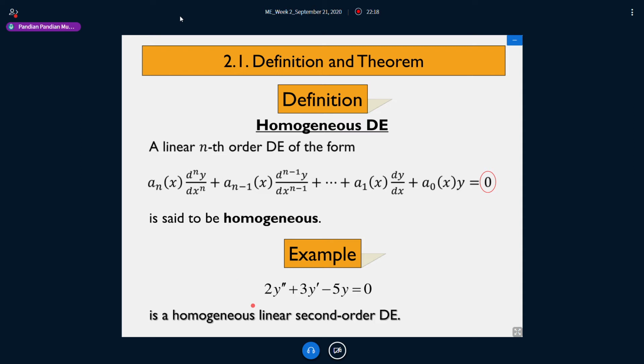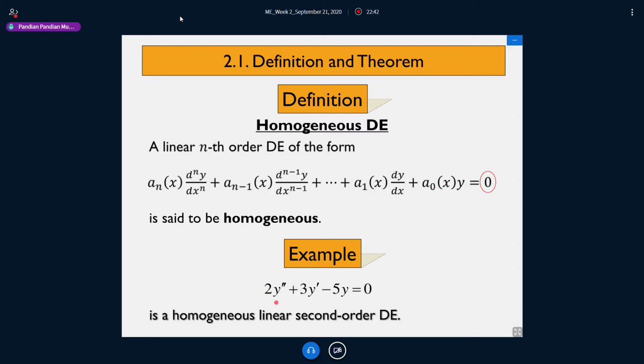So y double dash, if n is 2, this is a2 d2y/dx squared. So the a2 is 2, the a1 is 3, and the a naught is minus 5.